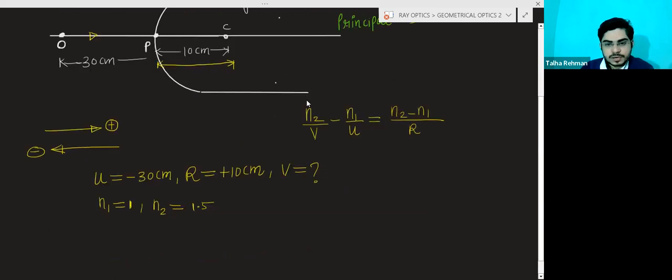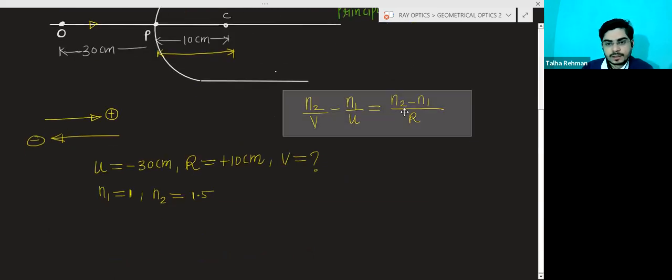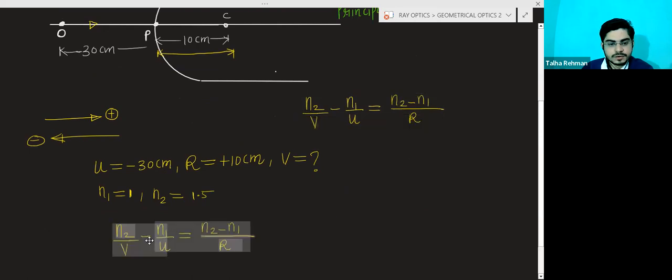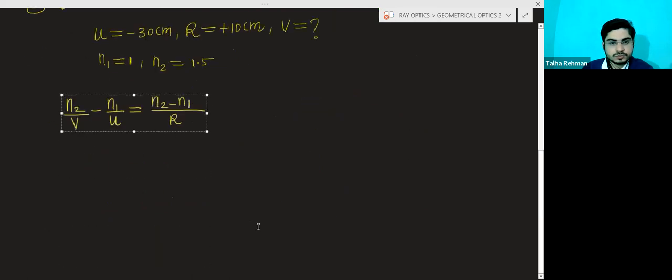Now apply this formula, n2 by v minus n1 by u, and you will get the value of the image distance.